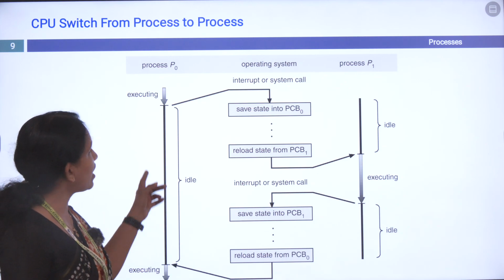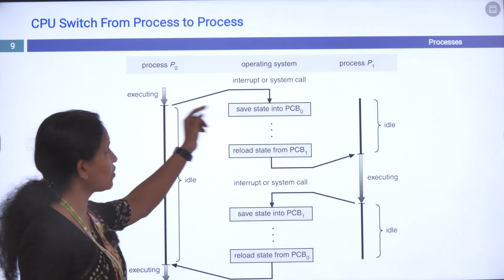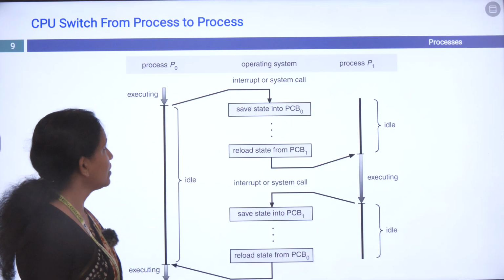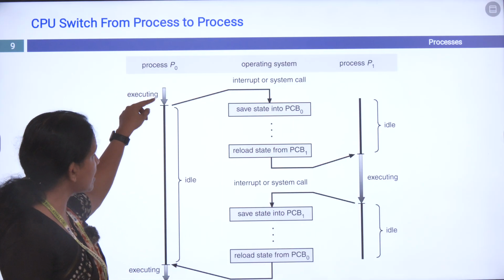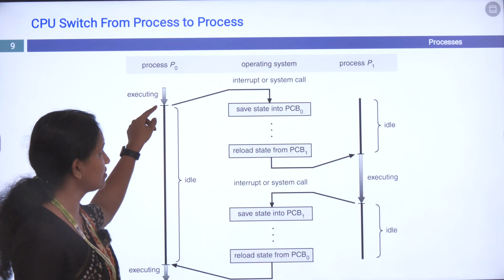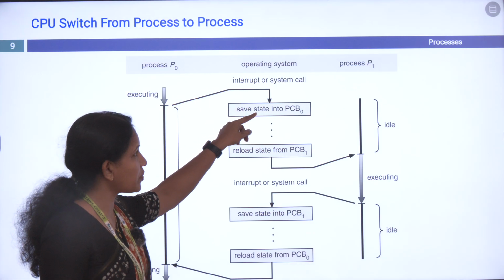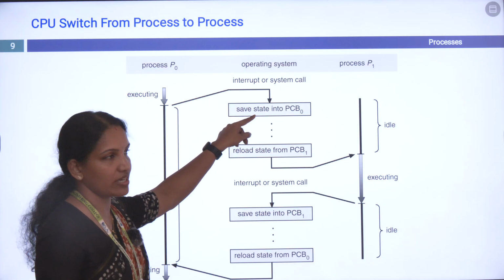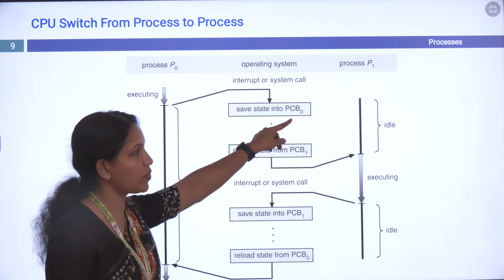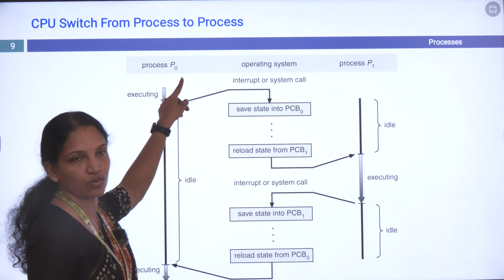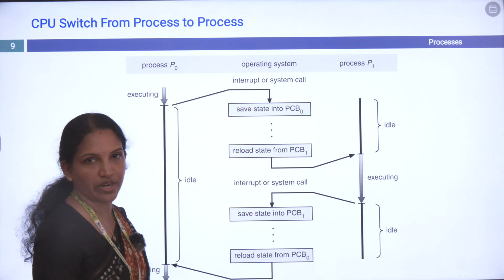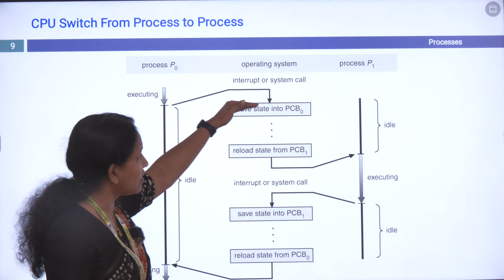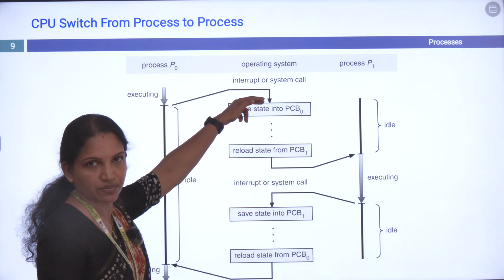In this example, we have two processes, P0 and P1. Initially P0 starts execution. At that time, the corresponding PCB, PCB 0, will be loaded and it continues execution.